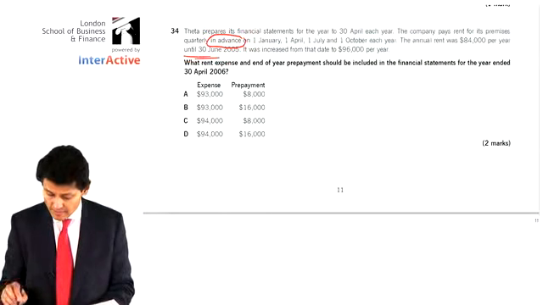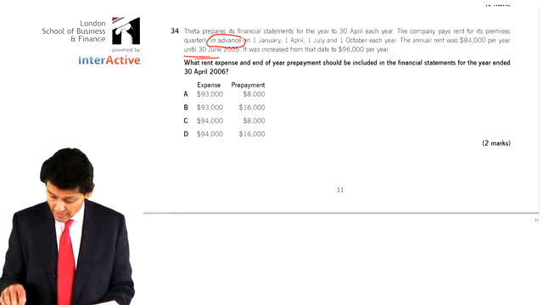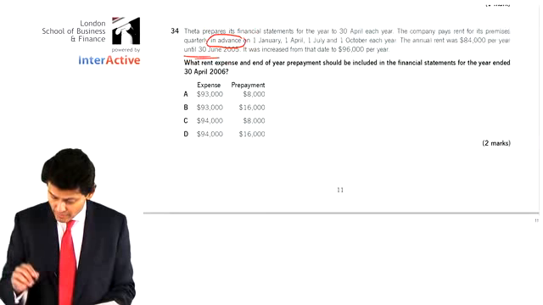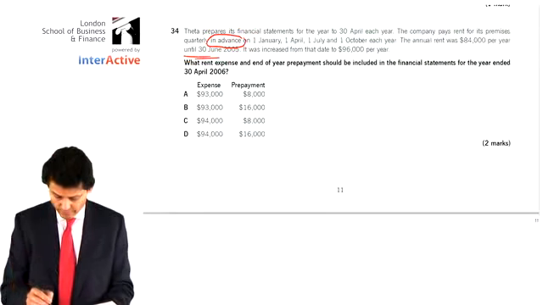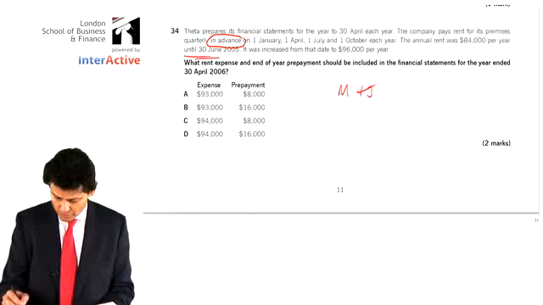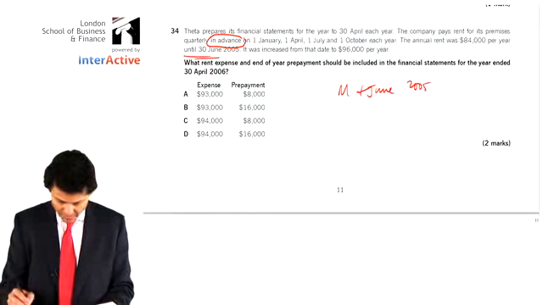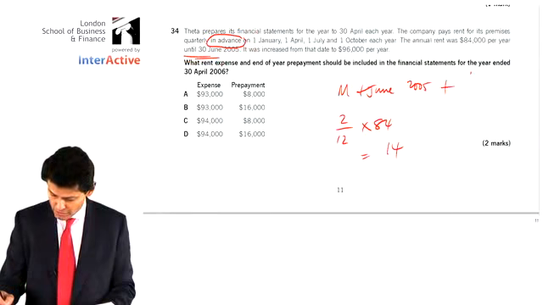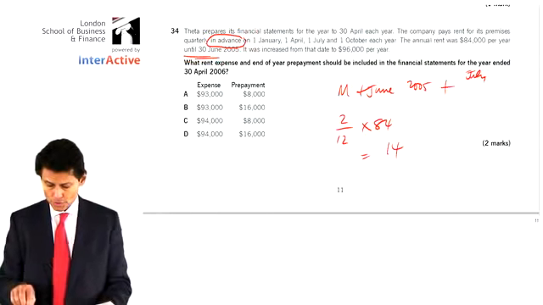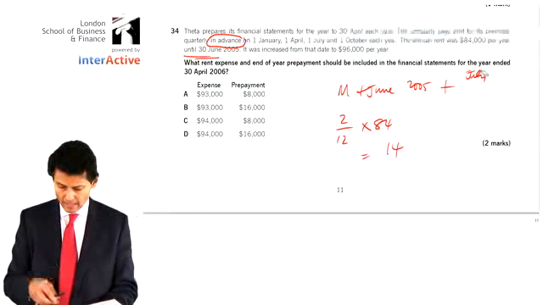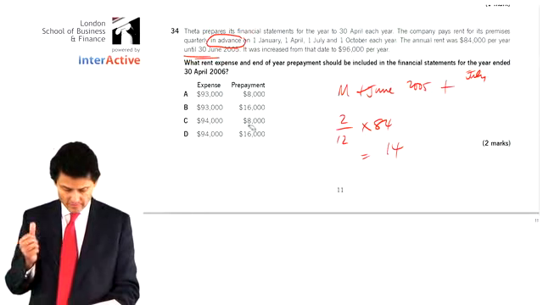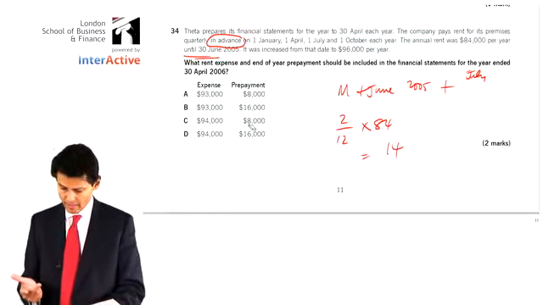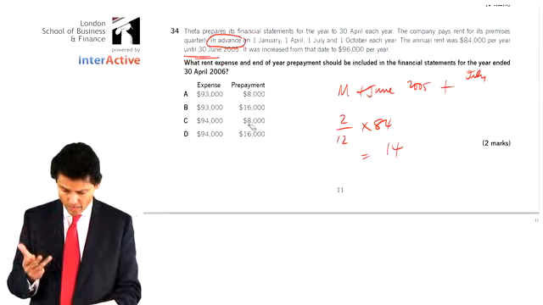So I reckon the 2 months, you see the year end is April, so April's gone, May and June, so May and June 2005 must have been 2/12 of 84, so I'll call that 14, plus of course you've got July to December, July, August, September, October, November, December, January, February, March, April.